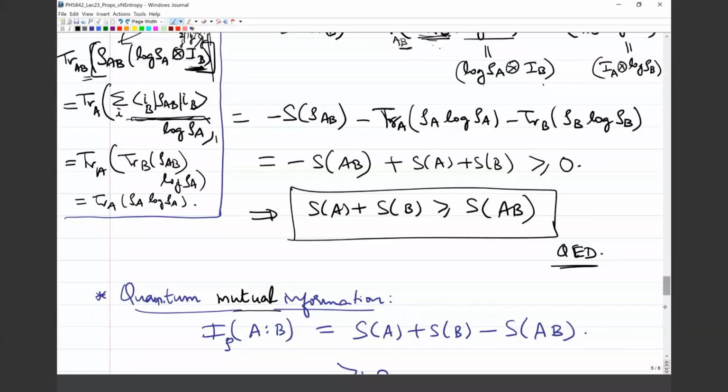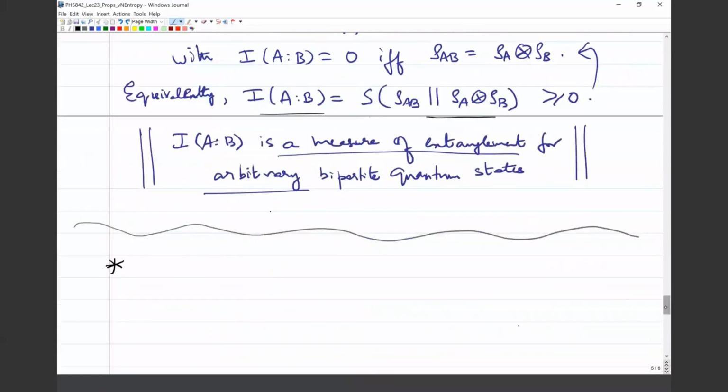So now the next thing is to understand how the von Neumann entropy behaves. Let me say some of the secondary properties of von Neumann entropy, or how the von Neumann entropy transforms under state changes.